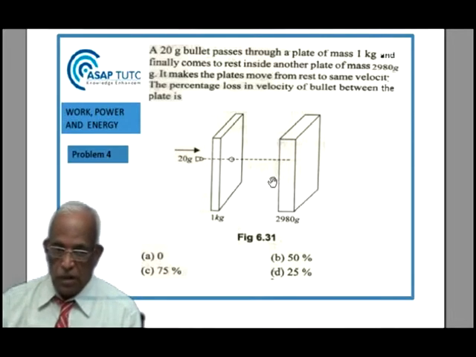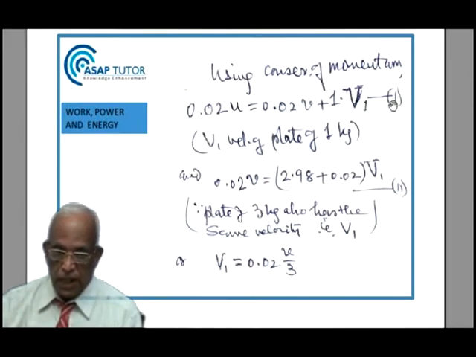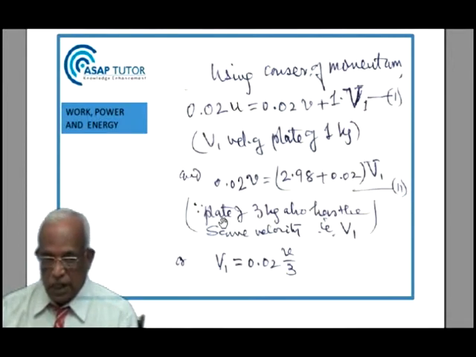He wants us to find the percentage loss in velocity. So initial velocity minus final velocity, divided by initial velocity, into 100 is what is required. Using conservation of momentum, 0.02 u equals 0.02 v, that is the bullet's mass, plus 1 into v1, where v1 is the velocity of the 1 kg plate, plus 2.98 into v1 for the second plate.